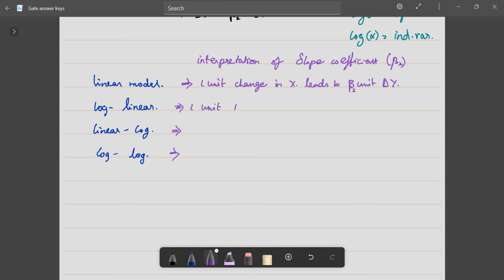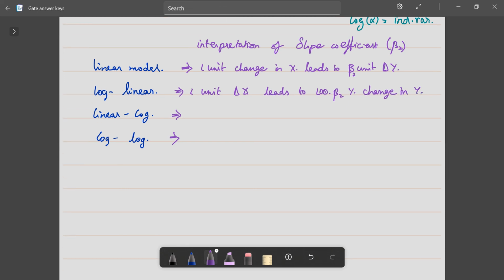1 unit change in x leads to 100 into beta 2 percentage change in y. In the linear log model, 1% change in x leads to beta 2 divided by 100 unit change in y.